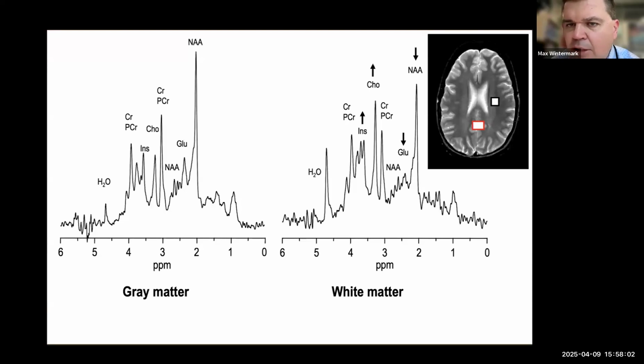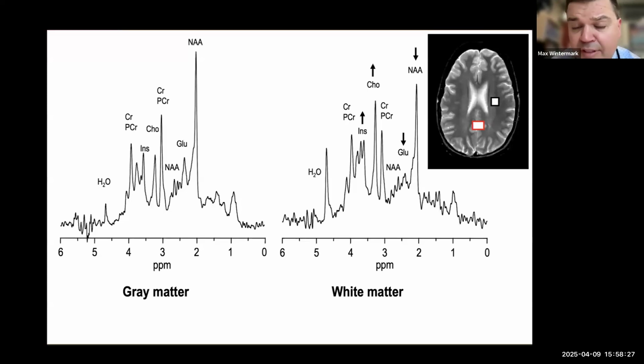That's really what creates the signal that we see on T1, T2, and all the other sequences. So when you do spectroscopy, you basically cancel the signal from the water, and that allows you to look at the signal of all the other metabolites that are hidden beyond that massive amount of water.